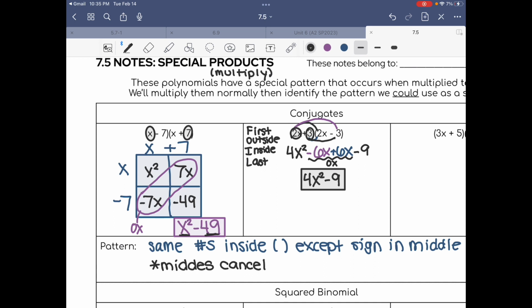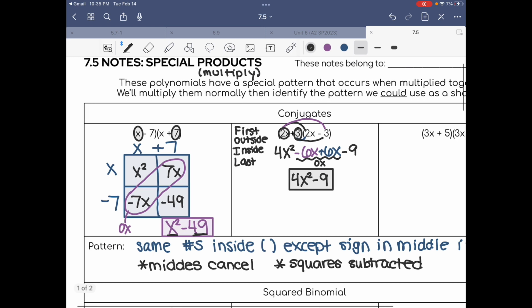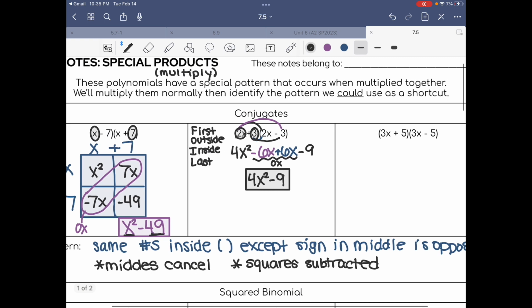So what you're going to have is perfect squares. It's always going to be the squares subtracted. And it is always going to be subtraction because one of them is always going to be a plus and one of them is going to be a minus for this rule.